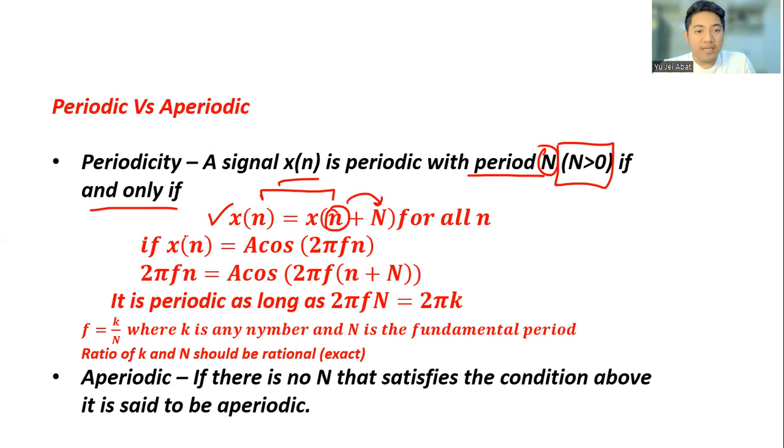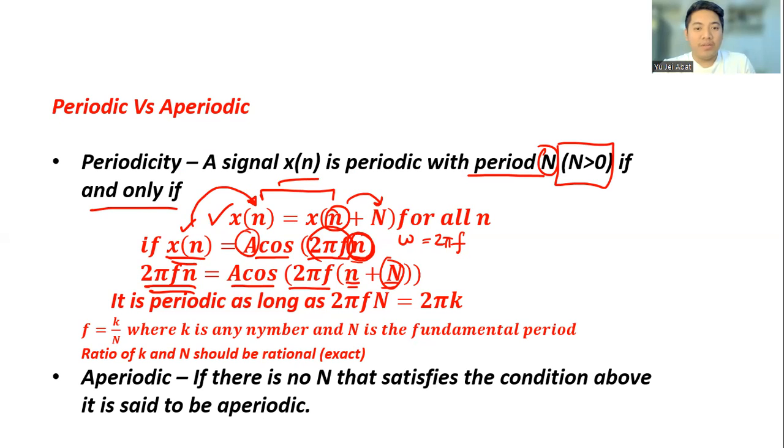But if the given signal is a cosine or sinusoidal wave, x of n equals A cosine of 2 pi f n, where A is the amplitude and 2 pi f n denotes the angular frequency, then it is periodic if A cosine 2 pi f n equals A cosine 2 pi f, quantity n plus N. We can notice that the lowercase n is added to the uppercase N, which is the period, the same condition we applied here.